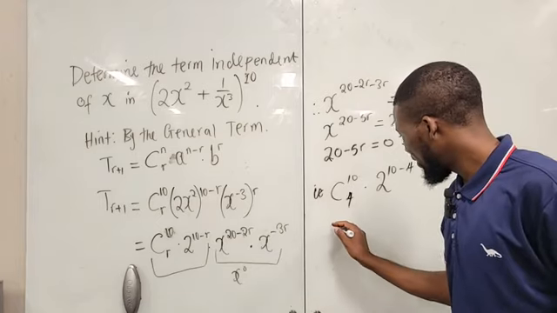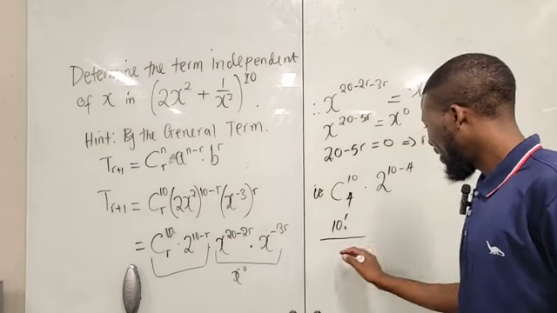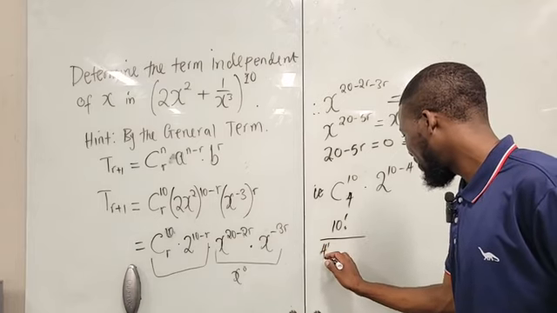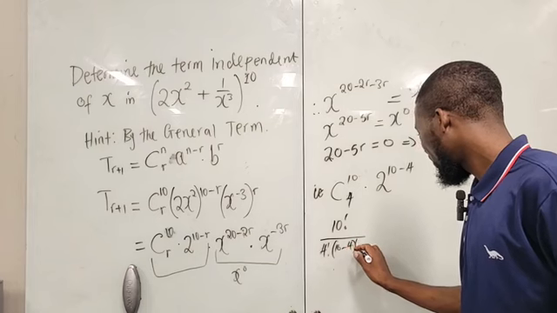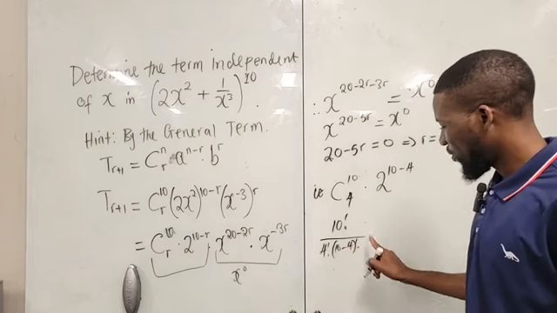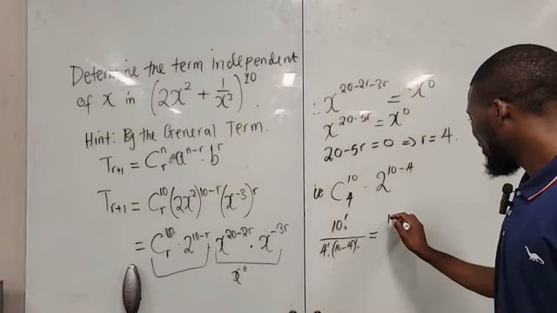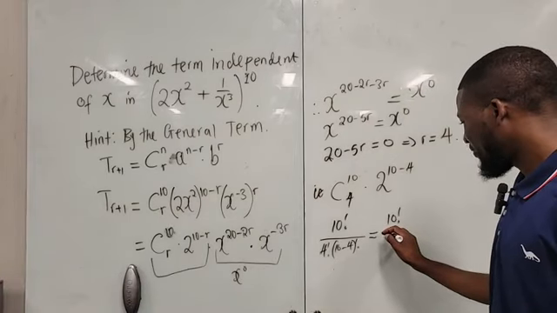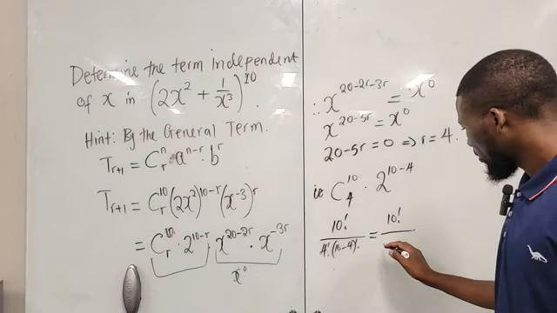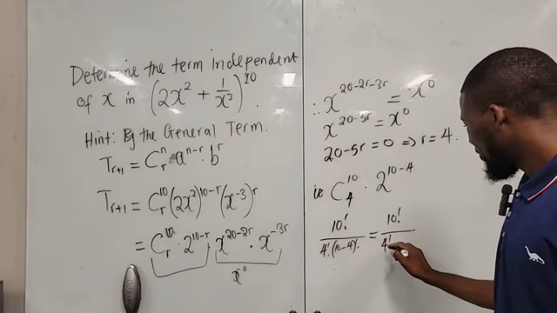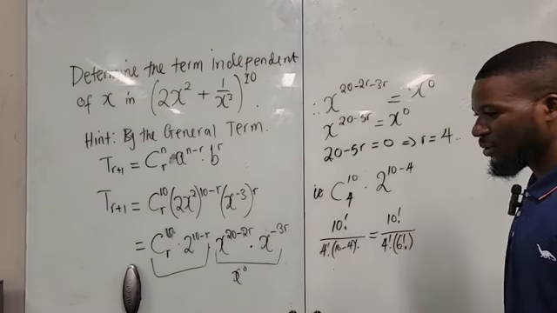So what is this? This is just the same as 10 factorial divided by 4 factorial and 10 minus 4 factorial. Okay, so I first of all just compute this one, then I'll multiply it by that. So this is 10 factorial divided by 4 factorial, and this is 6 factorial.